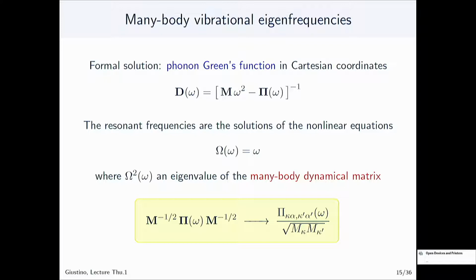If you think about the electron self-energy, we are doing something similar to find the quasi-particle eigenvalues for the electrons, okay? So this is just the transposition of the same concept for the phonons. To diagonalize this matrix, the issue is that this does not depend on the masses, but there are masses here, so that's not very convenient. So in the same way as in DFPT, we divide the force constants by the square root of the masses and then diagonalize.